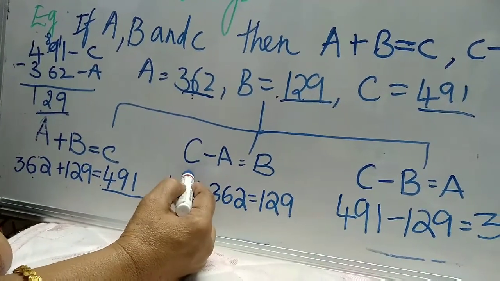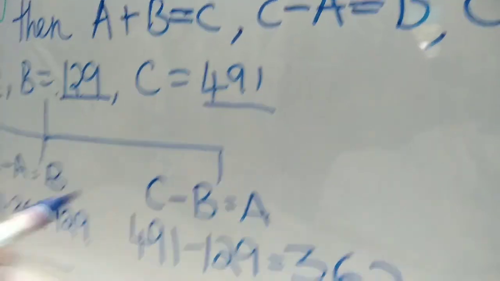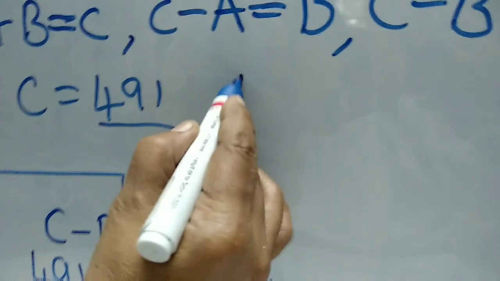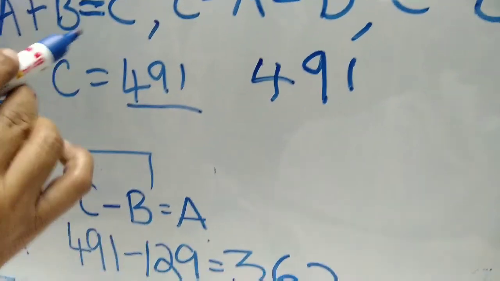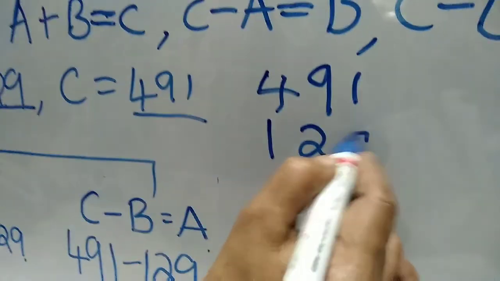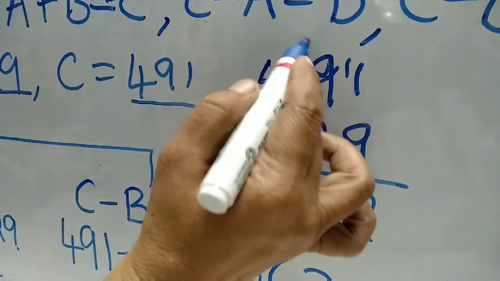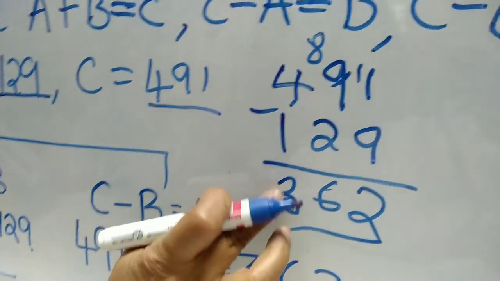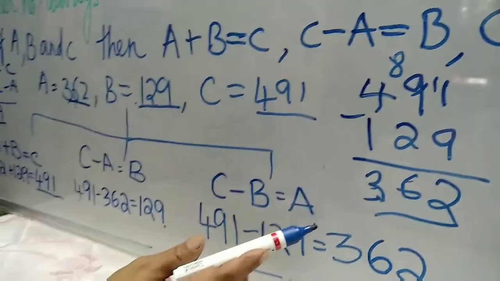So C minus A is equal to 129, which is B. Now C minus B is equal to A. Let's do C minus B also. C is 491, B is 129. 11 minus 9 is 2, 8 minus 2 is 6, 4 minus 1 is 3. 362. So what is A here? 362. So C minus B is equal to A.